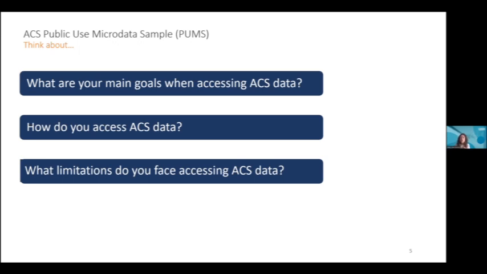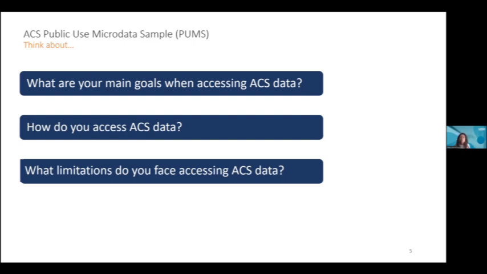And what about when you're looking at cross-tabulated estimates? How do you primarily access ACS data? Are you using data.census.gov or a third-party tool such as Social Explorer? What do the data look like on a daily basis? And finally, with the tool or tools you are using, what limitations do you face accessing ACS data?